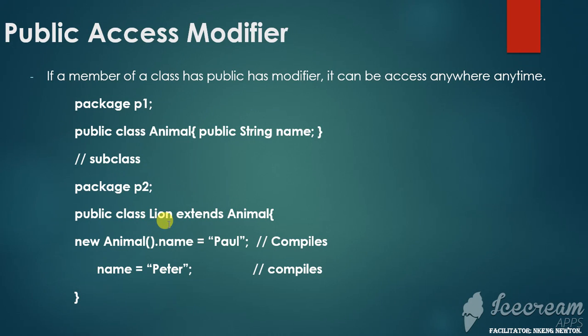Even if that class is in the same package or in another package, it can still access that property. Remember, it's not limited only to variables. It applies as well to methods and also to classes. So that is how these access modifiers work.